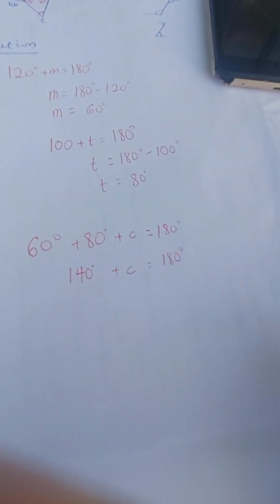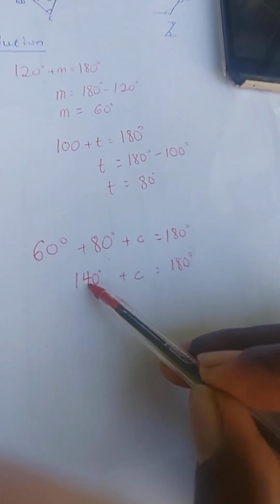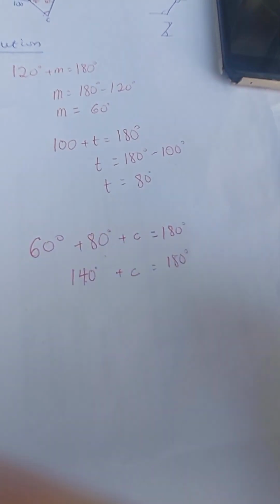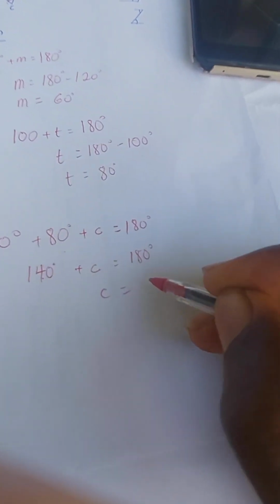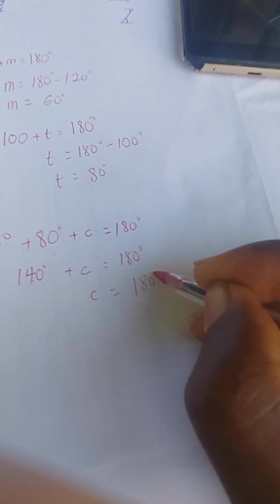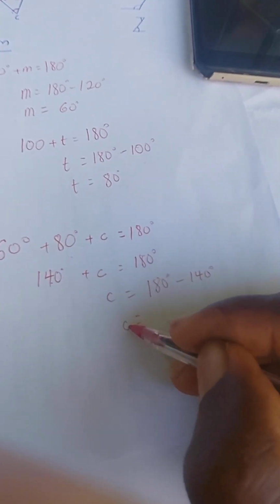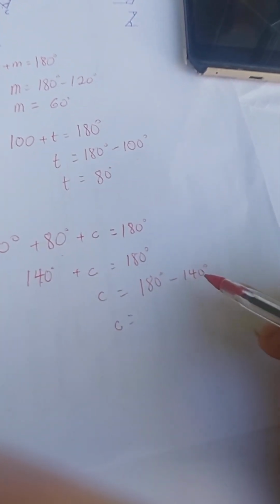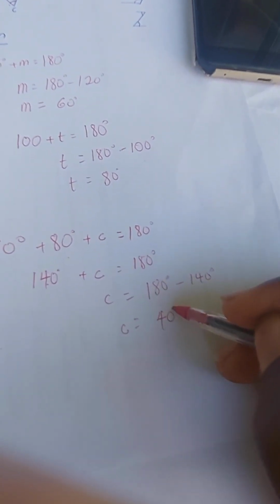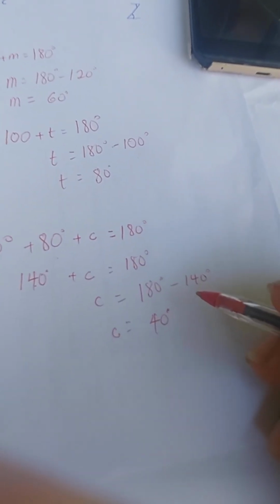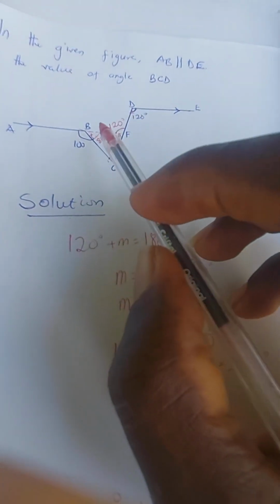To find the value of C, we transpose 140 degrees to the right hand side. So C is equal to 180 degrees minus 140 degrees, which gives us 40 degrees. So that's the value of the angle formed at the point C.